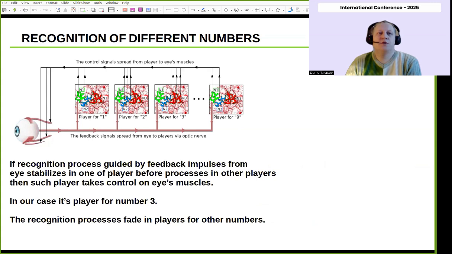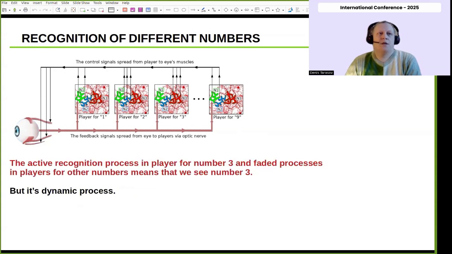If the recognition process guided by feedback impulses from the eye stabilizes in one of the players before processes in other players, then such a player takes control of the eye's muscles. In our case, it's the player for number 3. The recognition processes fade in players for other numbers. So the active recognition process in the player for number 3 and faded processes in players for other numbers means that we see number 3.